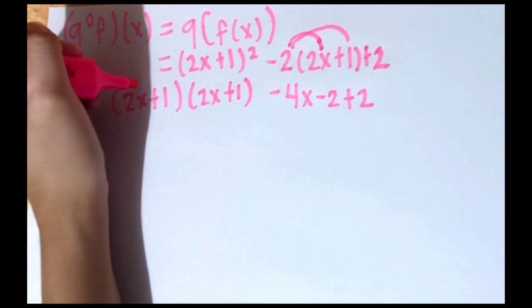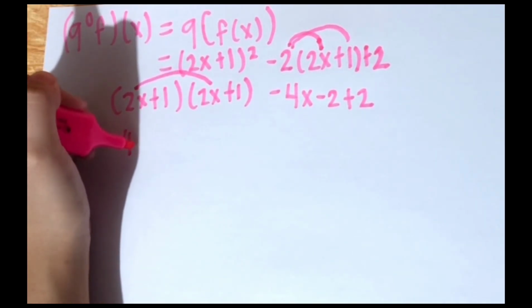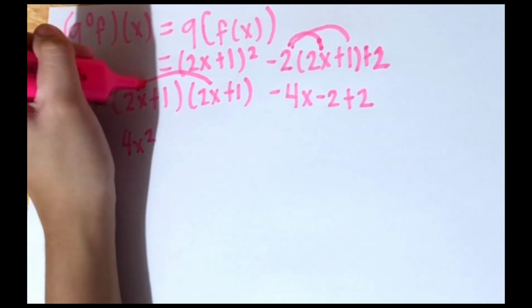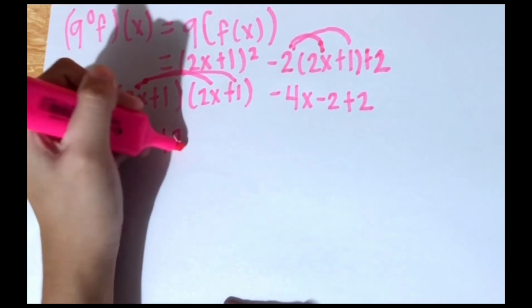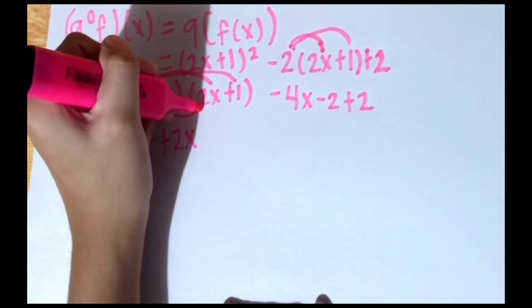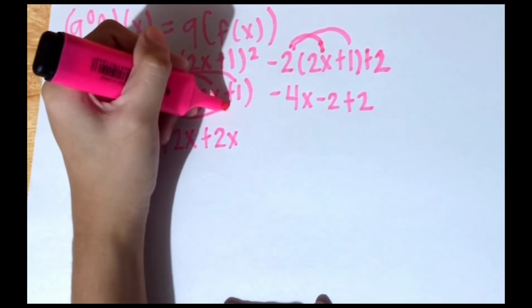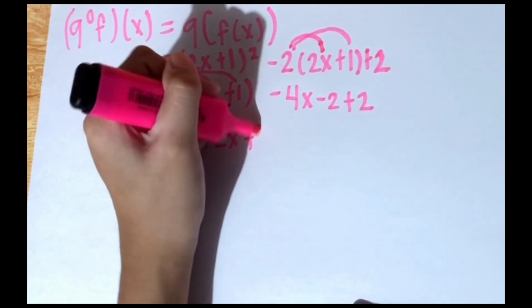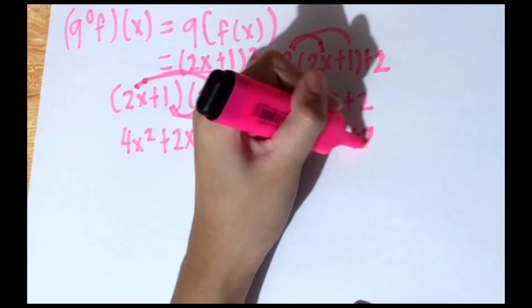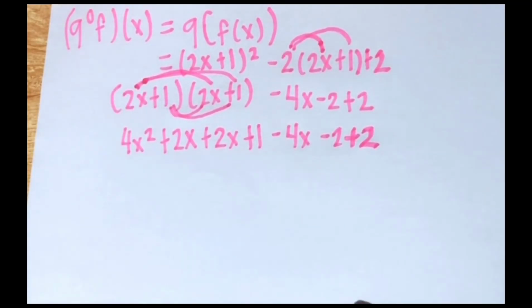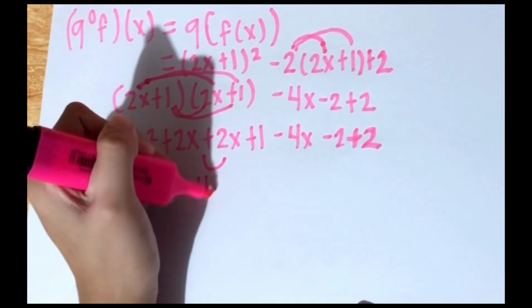Apply FOIL method. 2x times 2x is equal to 4x squared. 2x times 1 is equal to 2x. 1 times 2x is equal to 2x. And 1 times 1 is equal to 1. Let's combine like terms. 2x plus 2x is equal to 4x.